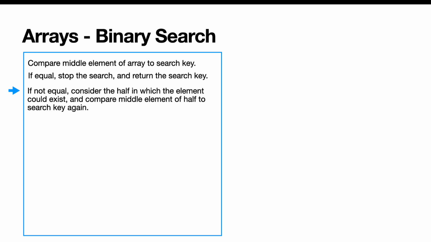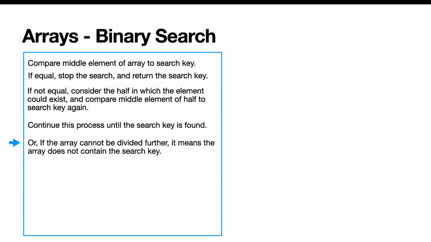In this half, we again compare the middle element with the search key. We continue this process of dividing the array into halves and comparing the middle index with the search key until the search key is found. If the array cannot be divided further, it means the array does not contain the search key.